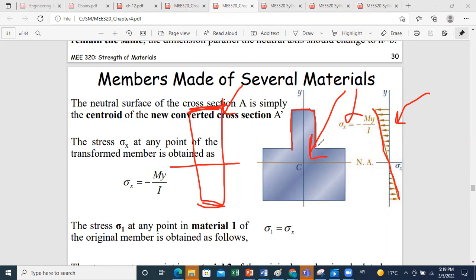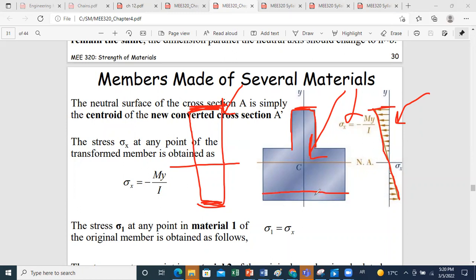So if I calculate the stress at the top level, it will be exactly the same as the stress here because I didn't modify the area. However, when I consider the bottom level, in the bottom part, I increased the area, while the force remains the same.